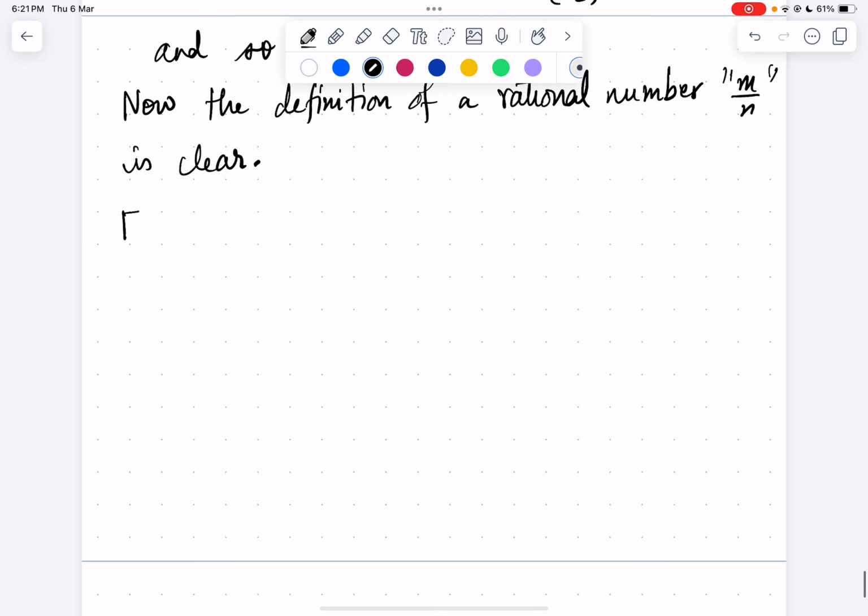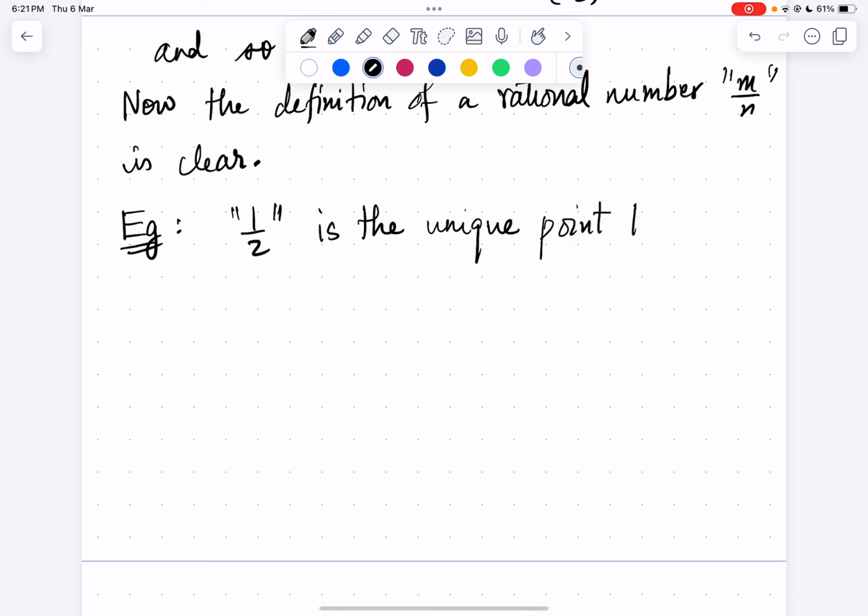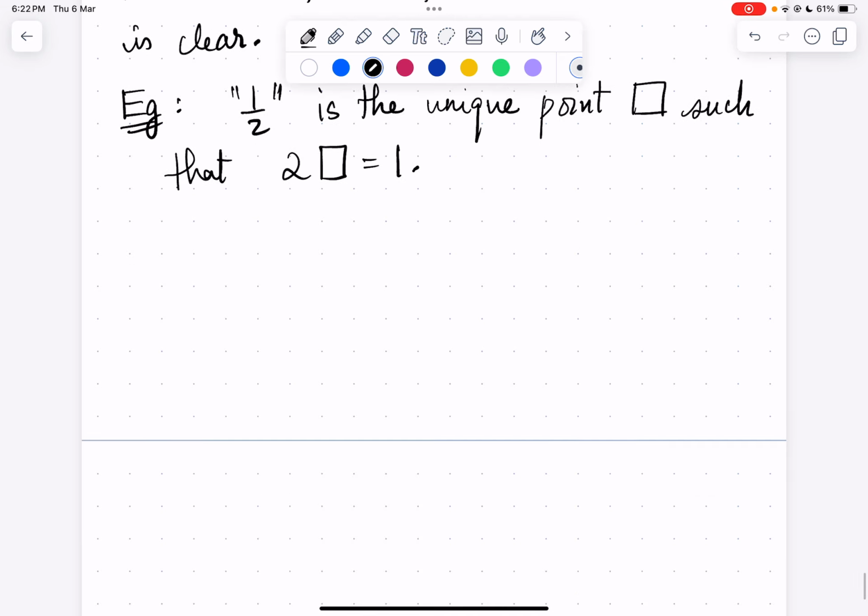So now an example, 1 by 2 is the unique point box such that 2 times box equals 1. So if you take the number line, a 0, and somewhere here you have 1. So consider this point box.